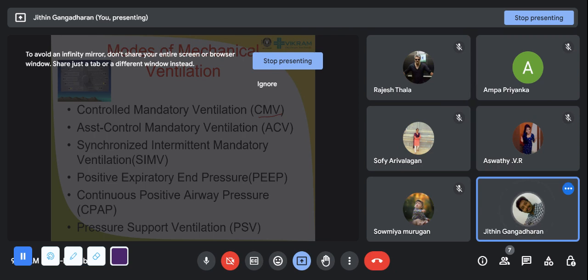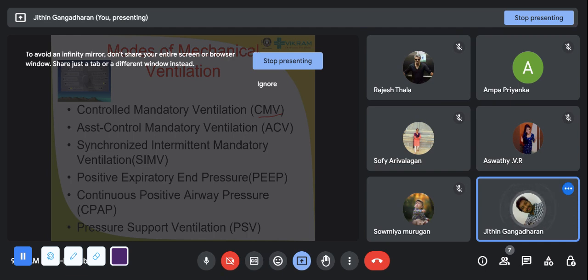For example, if we set 10, in the next minute it will be 11, or in the next minute it will be 12. The rate may vary, but the volume will be the same. The machine will set the volume like the tidal volume, 400, 450 or 500 ml.